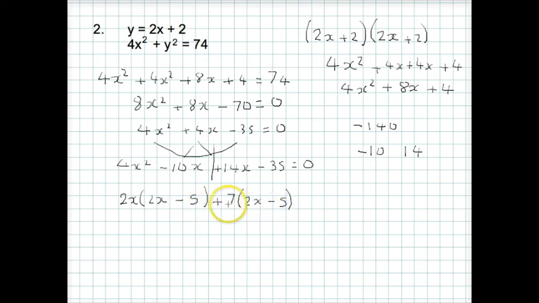Check that you've got the same terms inside the brackets. And then whatever occurs outside goes in one set, so 2x plus 7, and in the other set, 2x minus 5.